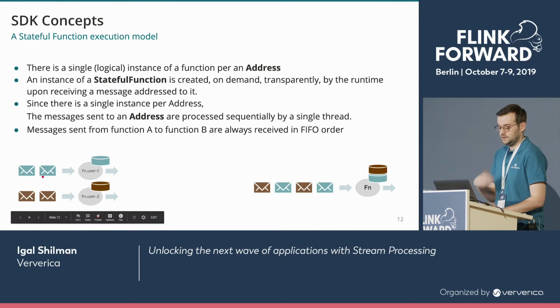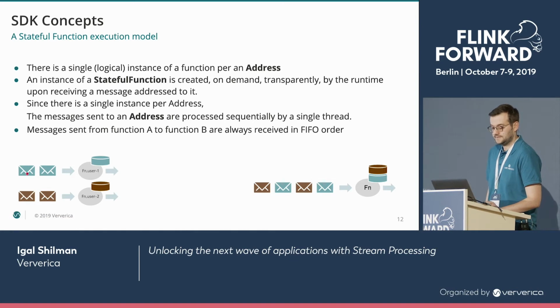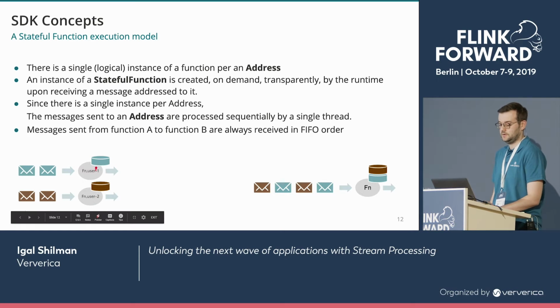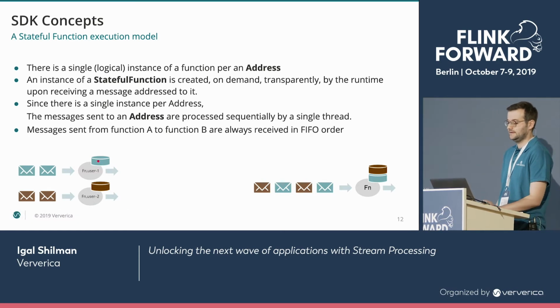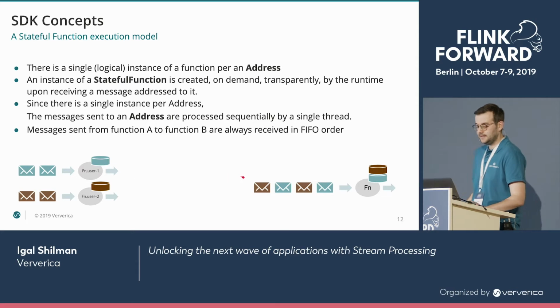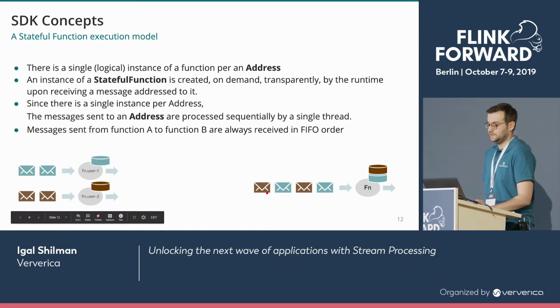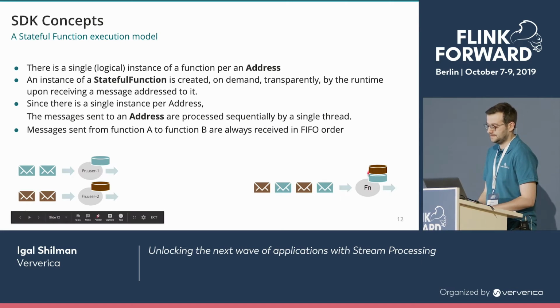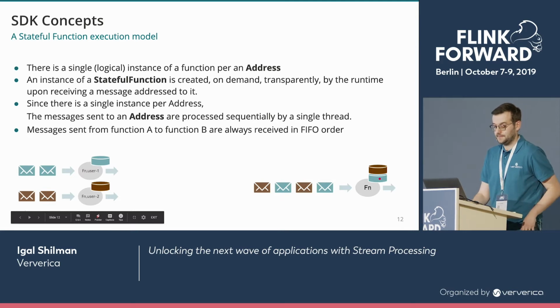Conceptually, the logical view is that you have your two instances: function type fn with key user1, and fn with user2, and they both have their own independent state. But in the physical view, you would see that those messages are interleaved, there is a single instance of this function type, and the state is being multiplexed by the runtime.